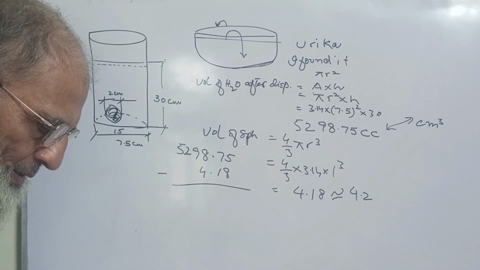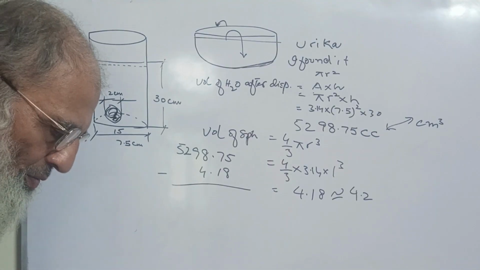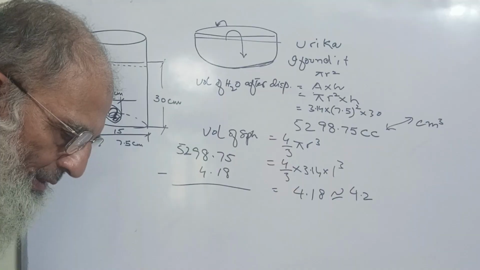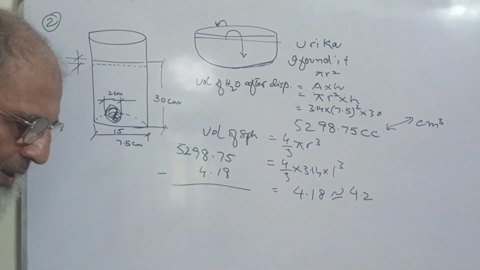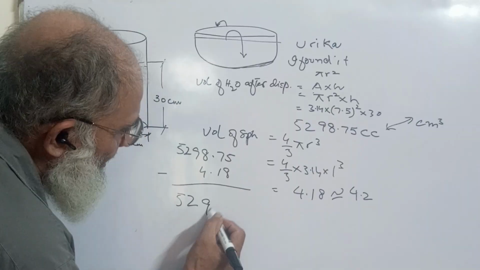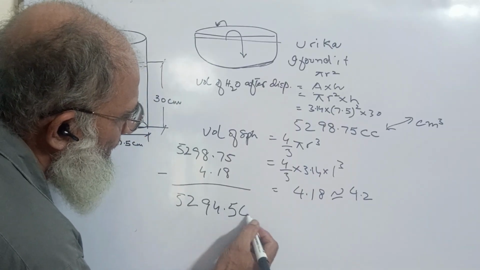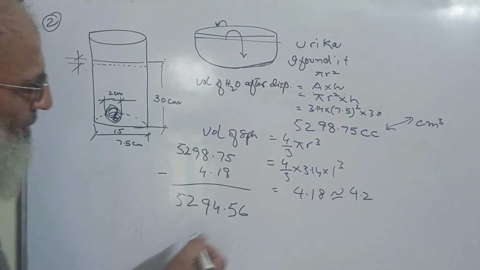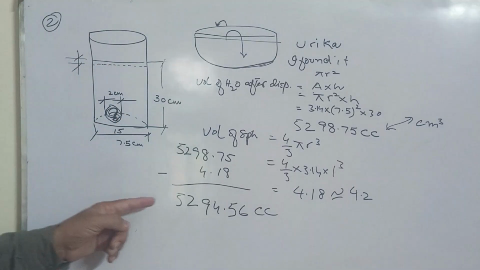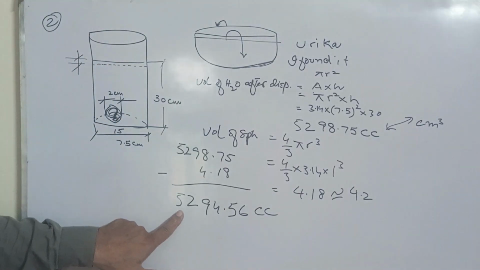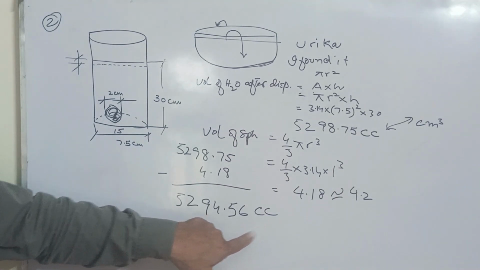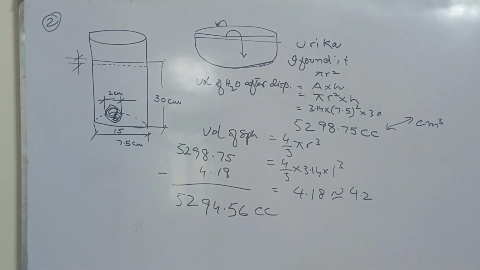It will become 5294.56 cc. So the actual volume of water is 5294.6 cc. This is the answer.